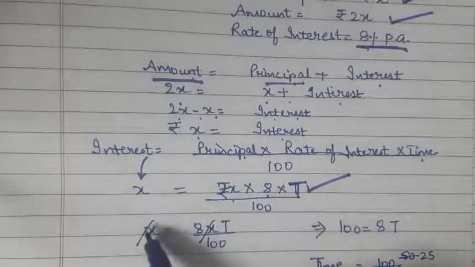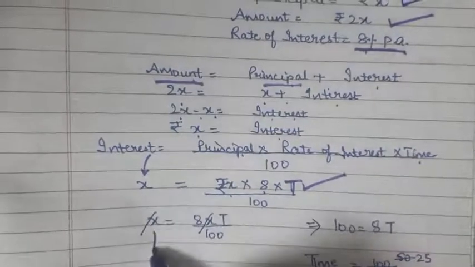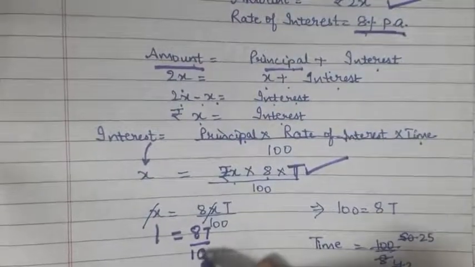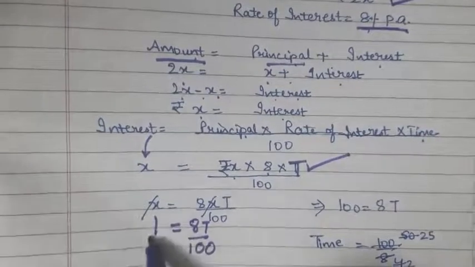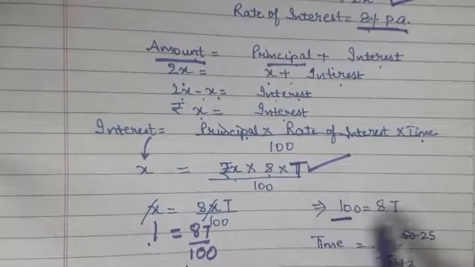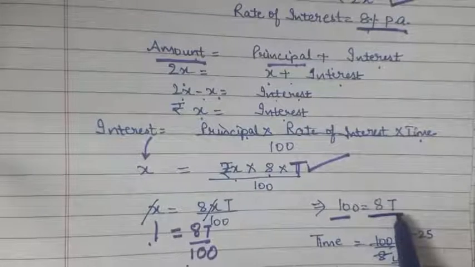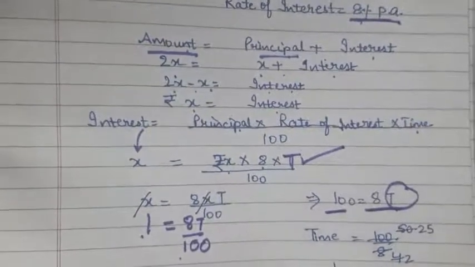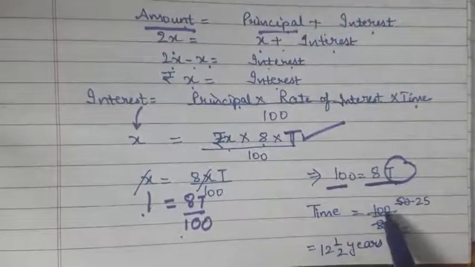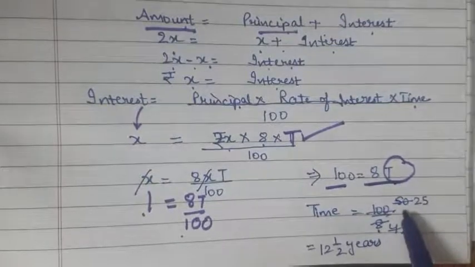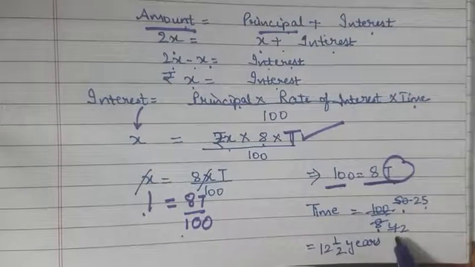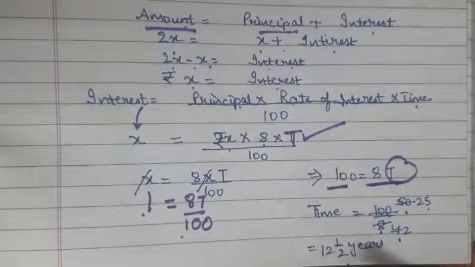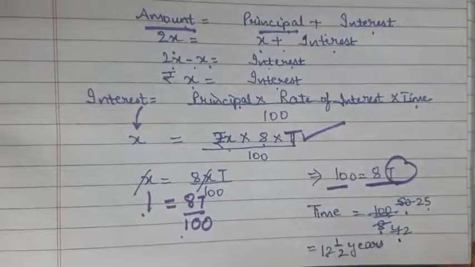What is left? Here 1 is equals to 8t upon 100. Now 100 will go there and we get 100 is equals to 8 into time. So time will be 100 upon 8. On cancellation, we get 25 upon 2 years. And in the mixed fraction, that is 12.5 years.